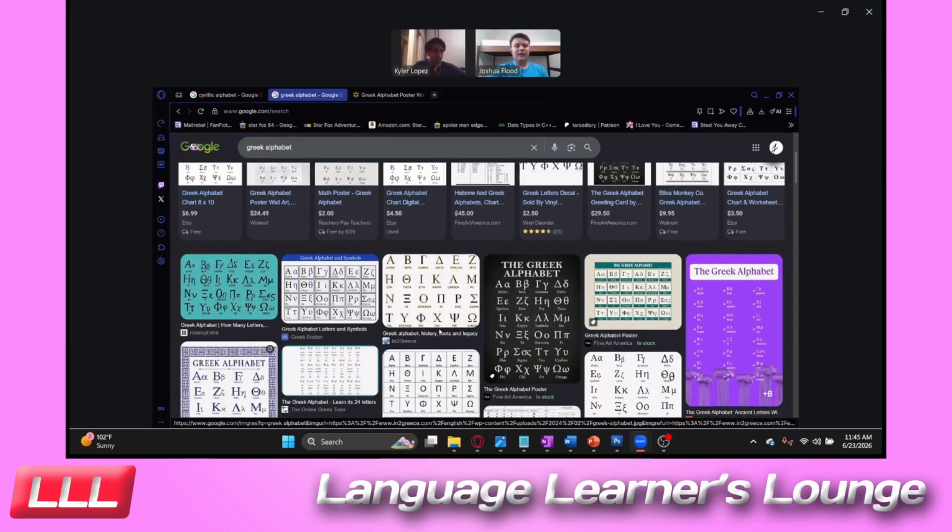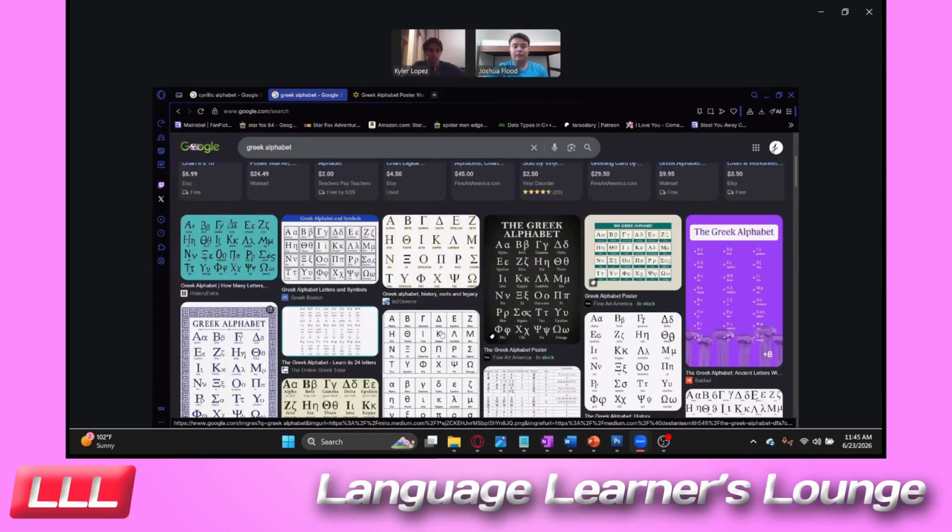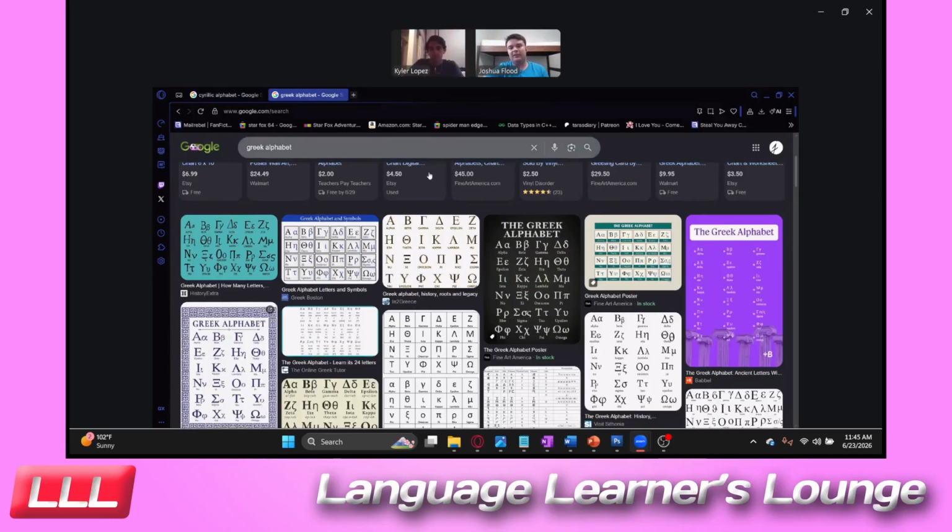Greek and Cyrillic, these are typically two decently well-known different systems that aren't just the Latin alphabet. Honestly, other than Cyrillic and Greek, I don't really think of many big European or West Asian countries that use a different system that's not the Latin system.